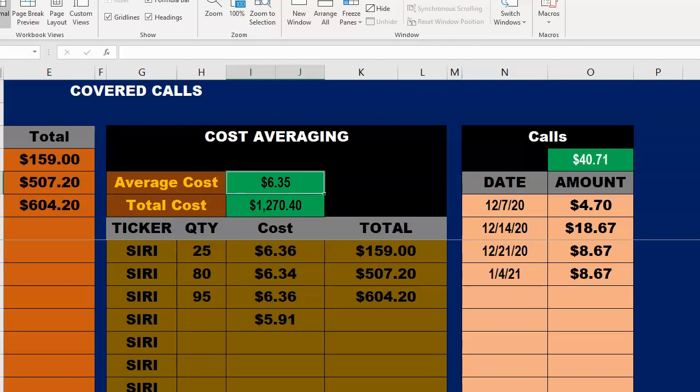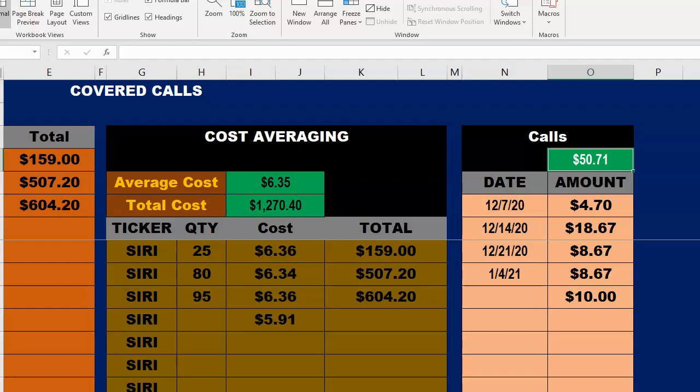Well, if the $6 call is worth, say, $10, that means we will get another $10, right? So we made a total of $50.71. So if you sold the $6 call, you're going to lose $35, but you're going to end up gaining a total on this transaction, from the time you bought to the time you sold, of about $15.